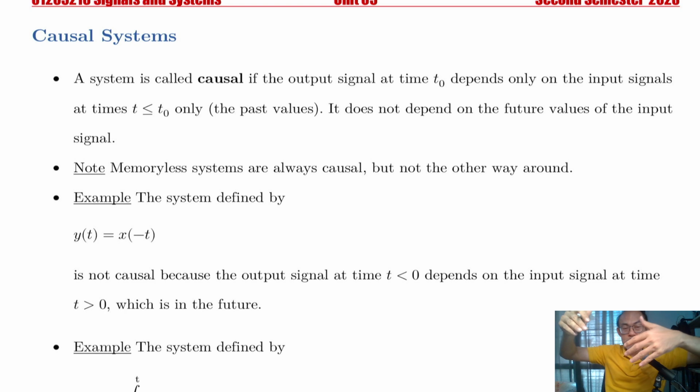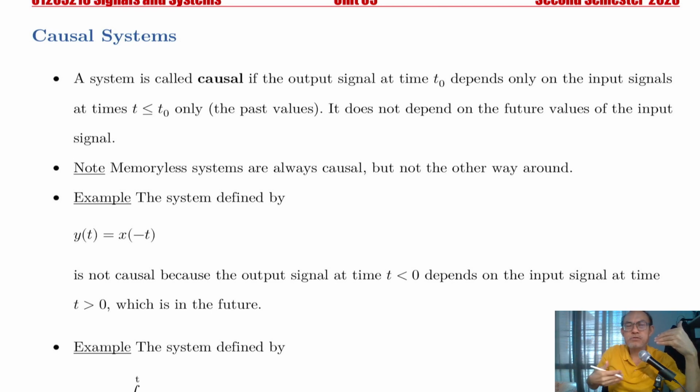Because if the system is not causal, then the present output depends on the future input somewhere in the future, and that's not really realistic, is it? Because you haven't yet applied the input.